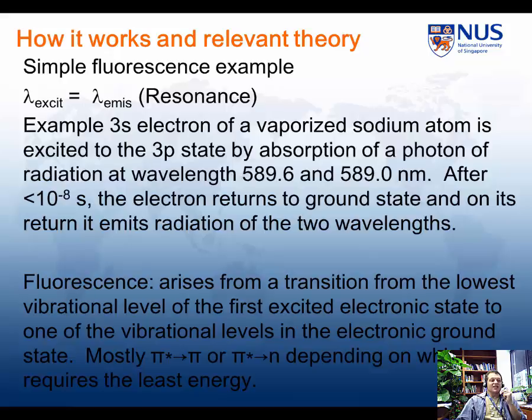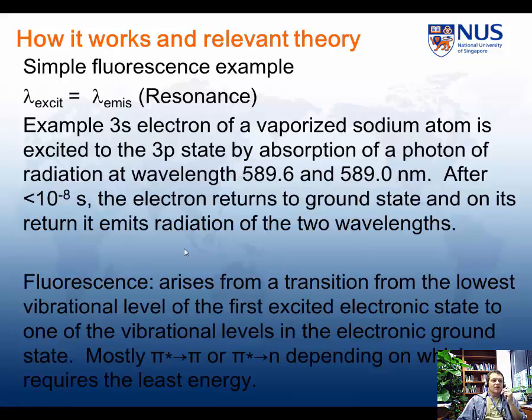After about 10 to the minus 8 seconds, the electron returns to ground state and it emits radiation of those two wavelengths. So in this case, the emitted radiation is equal in wavelength and energy to the exciting radiation.